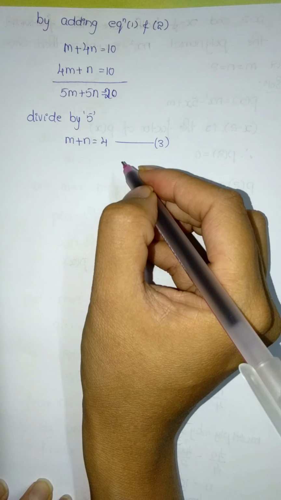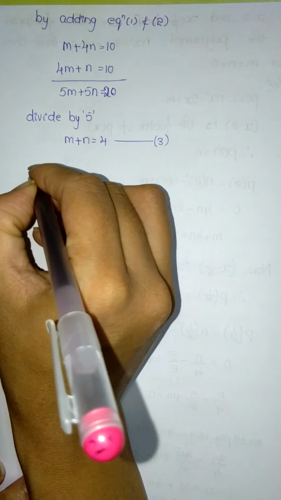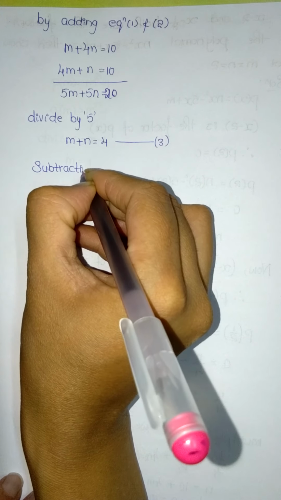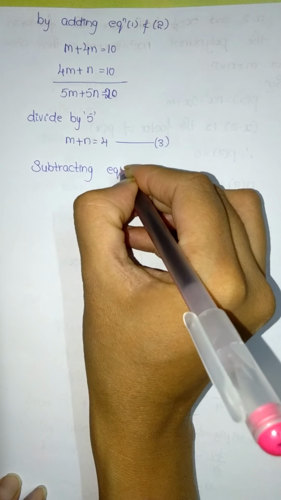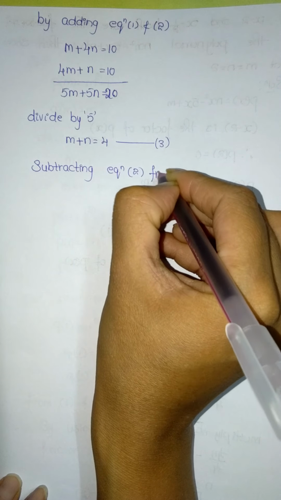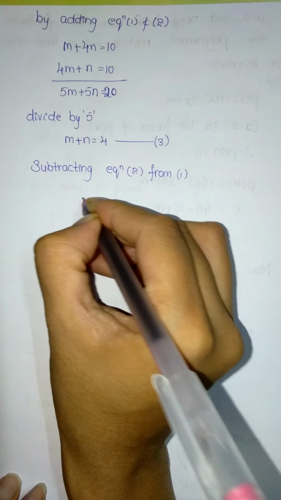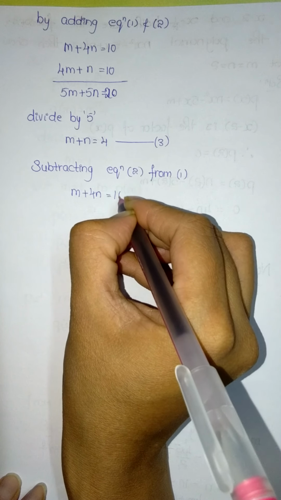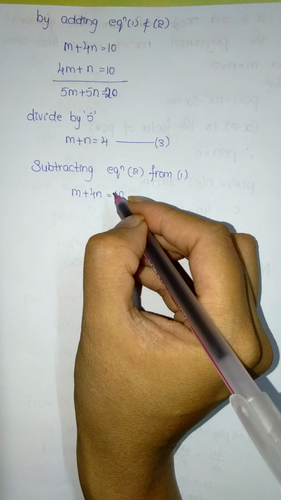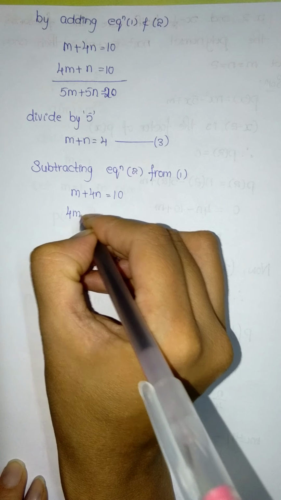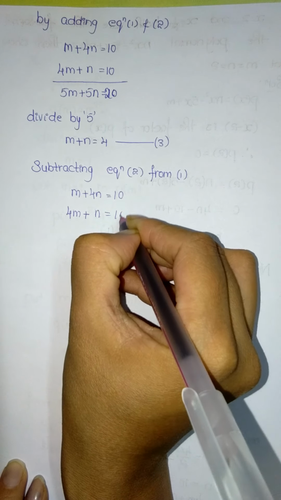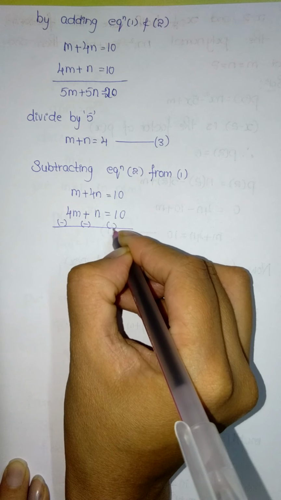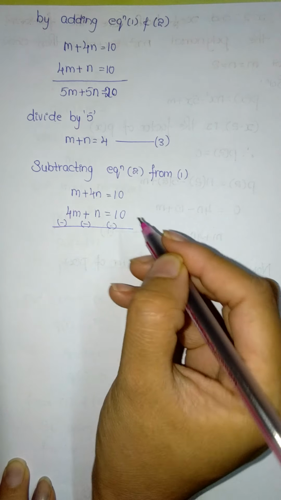Now subtract equation 2 from equation 1. We get m plus 4n equal to 10 and 4m plus n equal to 10. When we subtract, the second term changes sign. So plus becomes minus, and plus becomes minus.